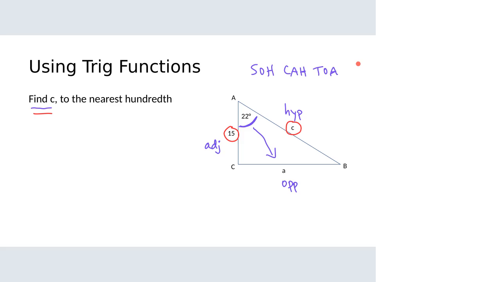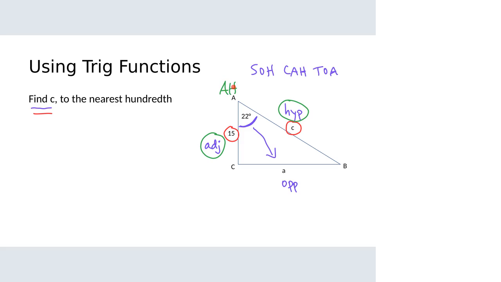Let's take a look here. As we look at this and we're making our decision, the one that I know is the adjacent. The one that I'm looking for is the hypotenuse. So it's adjacent and hypotenuse that I care about in this particular problem.